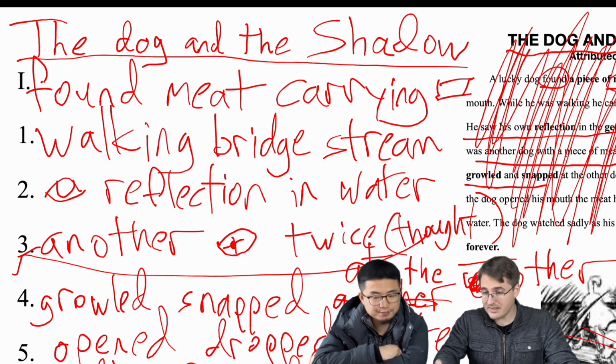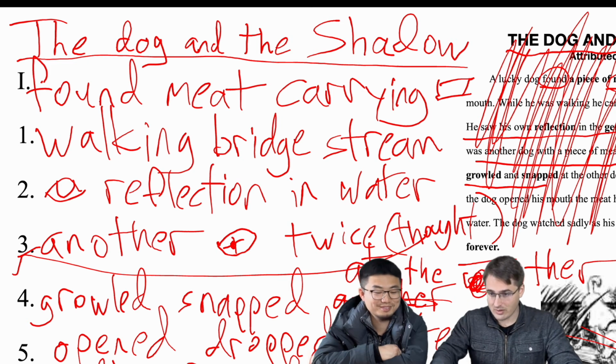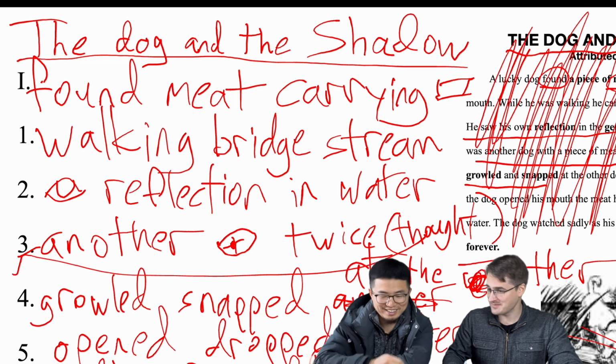But when he opened his mouth, the meat dropped into the water. The dog watched sadly as the meat floated away and was gone forever. Okay, now I will ask Daniel to choose for me one person who can retell this.